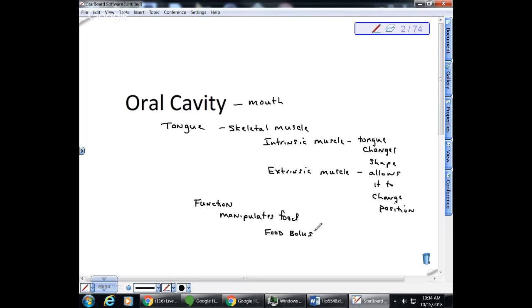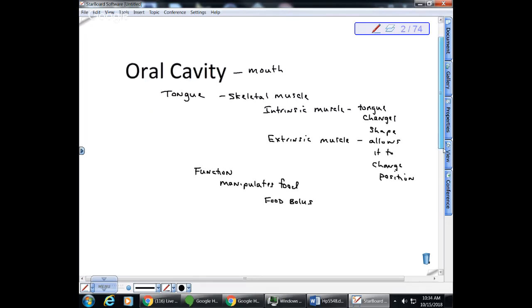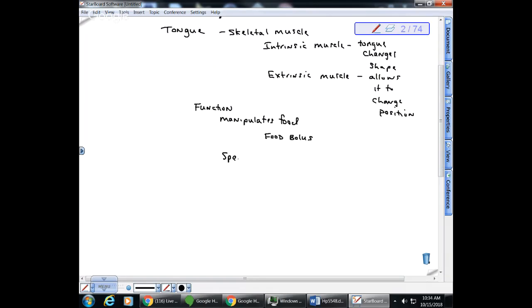Okay. It is also important in speech. And remember that we have cranial nerves that innervate the tongue, like the glossopharyngeal and also the hypoglossal cranial nerve. And so if those become damaged, sometimes it's hard for people to speak because their tongue is not able to change shape to make the sounds to help in speech production.